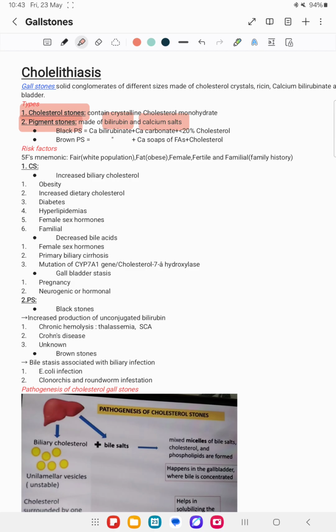Generally these are 5 phenotypes: fair, fat, female, fertile and familial. Now specifically for cholesterol stones there are 3 reasons: increased biliary cholesterol, decreased bile acids and gallbladder stasis. For pigment stones, the risk factor for black stones is increased production of unconjugated bilirubin, and the risk factor for brown stones is biliary stasis associated with biliary infection.